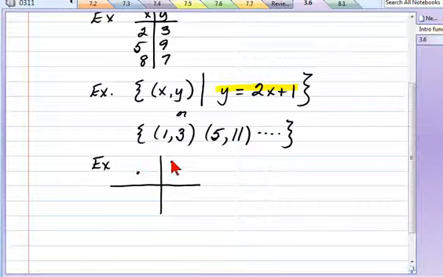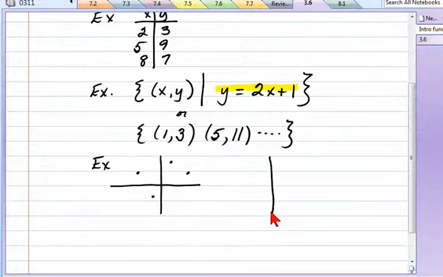What if I had this? Does this picture define a relation for you? Is that a collection of ordered pairs? Well, does every point represent an (x, y)? Yes, so that would describe a relation.